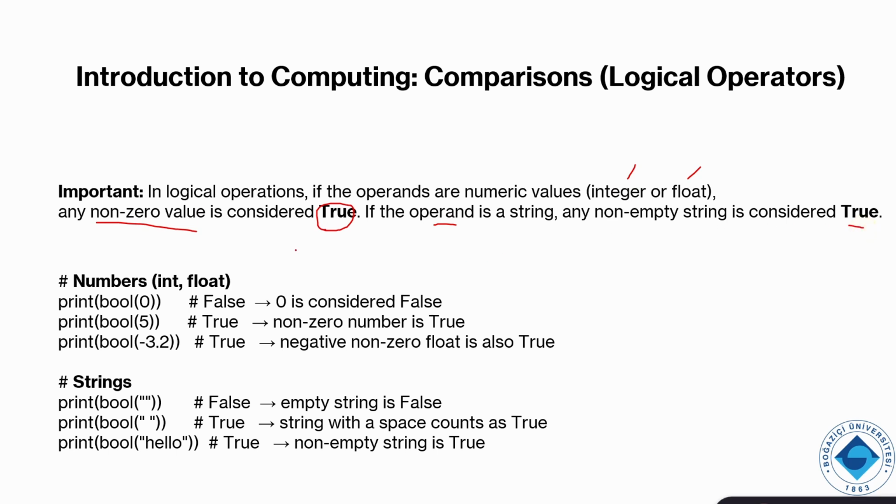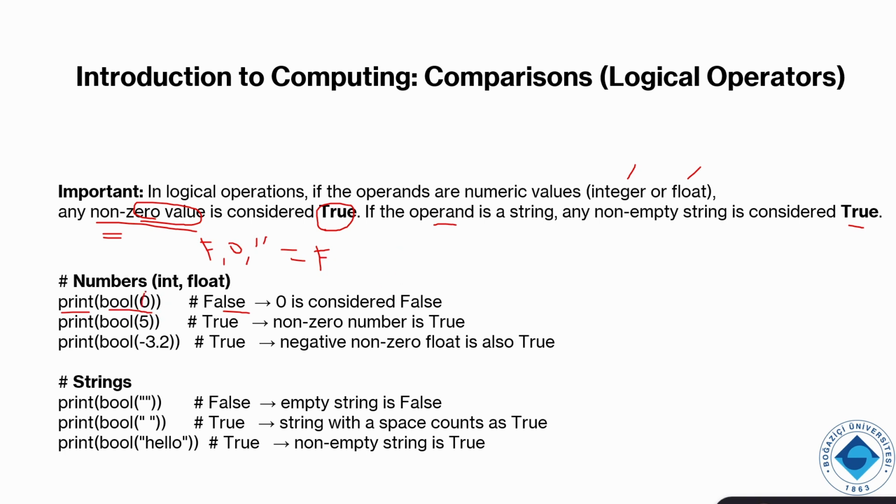Let's check the examples together. For example, if I print bool 0, it will return false, because, sorry, any zero value like false, 0, or an empty string is equal to false. But numbers, integers, strings, any of them are totally true.